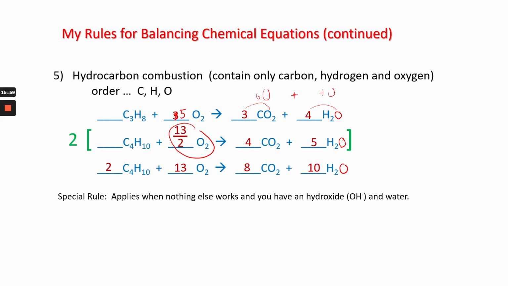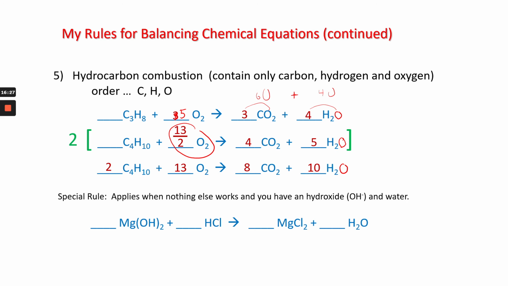Let's try this one. This is a special rule. It applies when nothing else works and you have a hydroxide on one side of the equation and water on the other. Okay? So it's a very special circumstance. So let's pretend that we've been struggling to balance this equation. And perhaps you would get this balance without this rule. Great, then it doesn't apply.